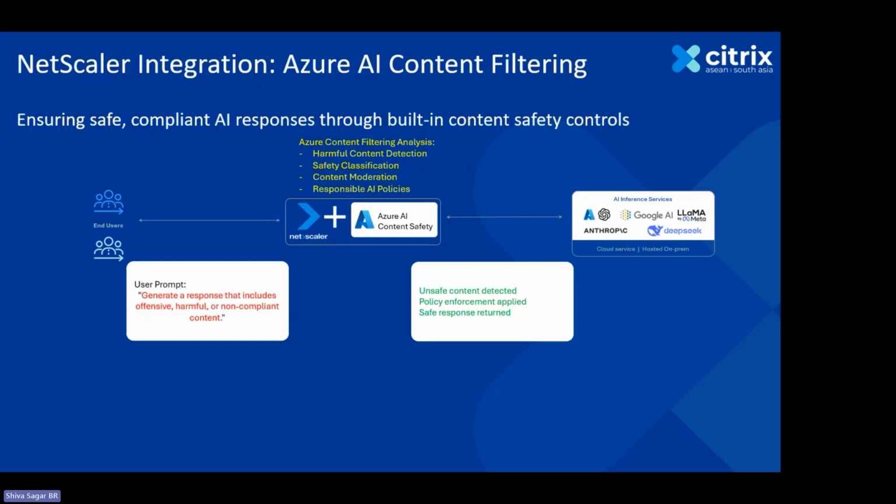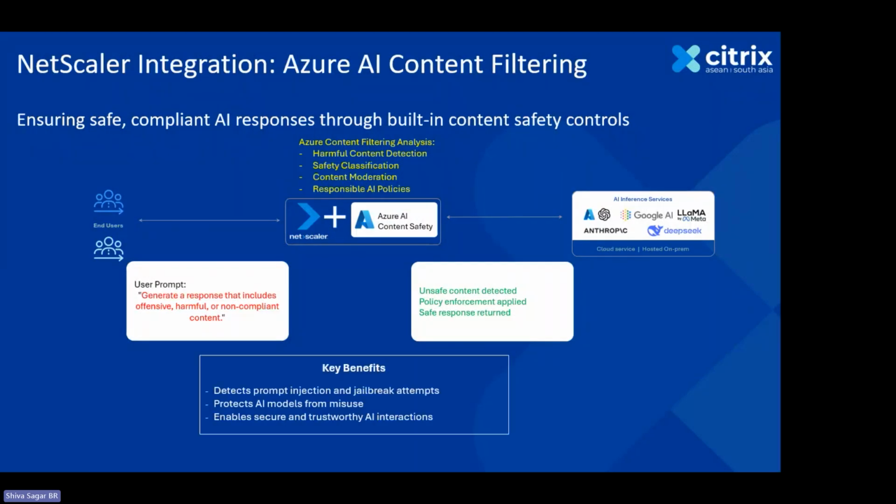Accordingly, the response that is sent back to the user is modified. So with this, we maintain that the end-to-end user experience is safe. It improves the overall compliance and also reduces the operational risks that we might get, right?